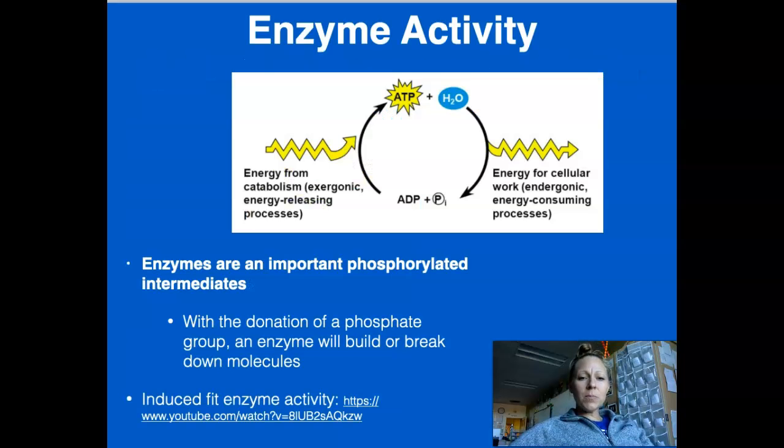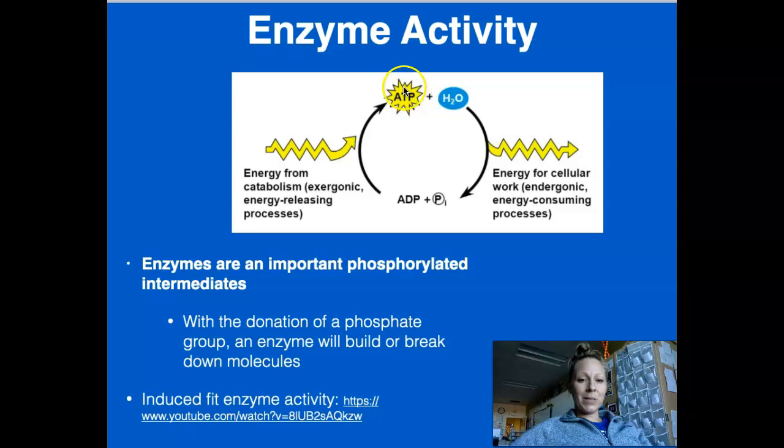And so let's remember that enzymes are important phosphorylated intermediates. That's just a fancy way of saying that they are the middlemen between a coupled process that needs a phosphate group. So here we have one process that's exergonic, that is releasing energy to create ATP.